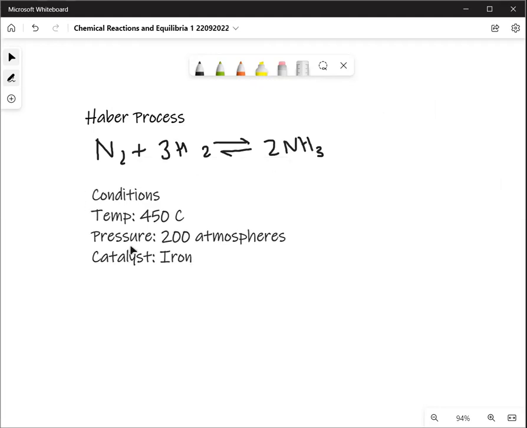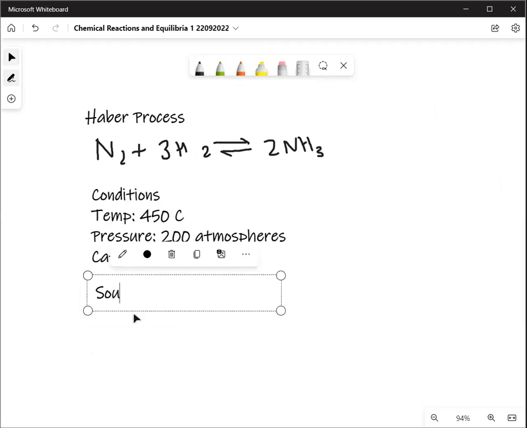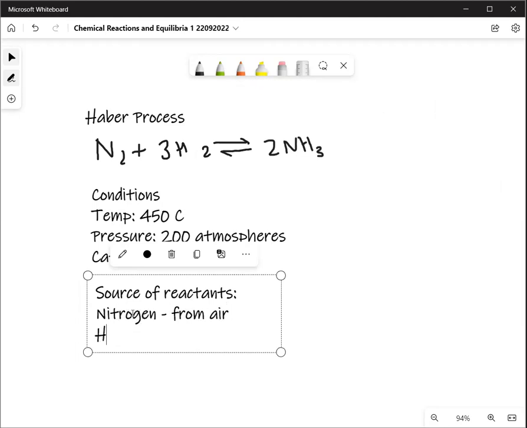The last thing we have is the source of the reactants. Write this down. Nitrogen is from air, and hydrogen gas, H2, is from methane.